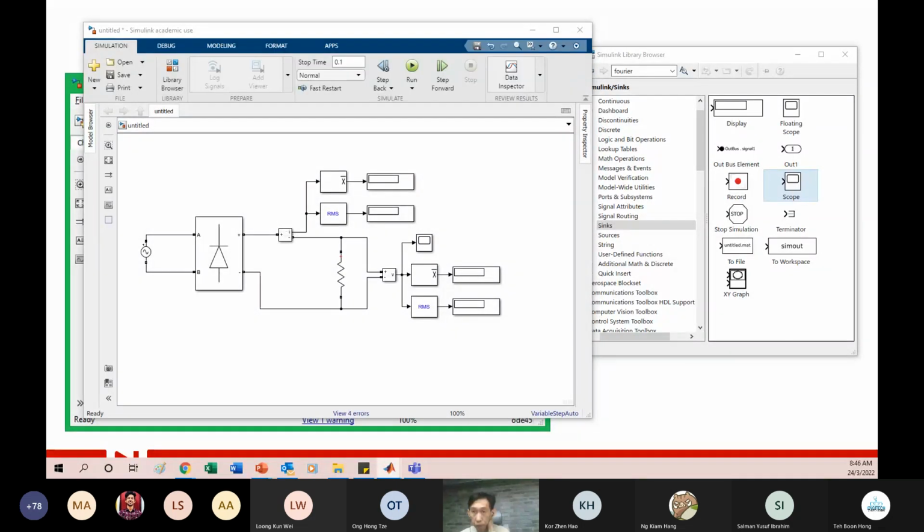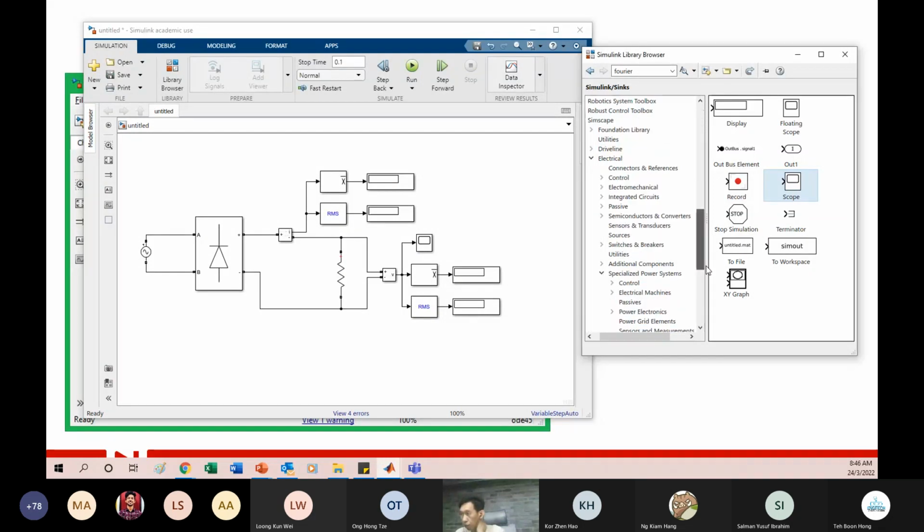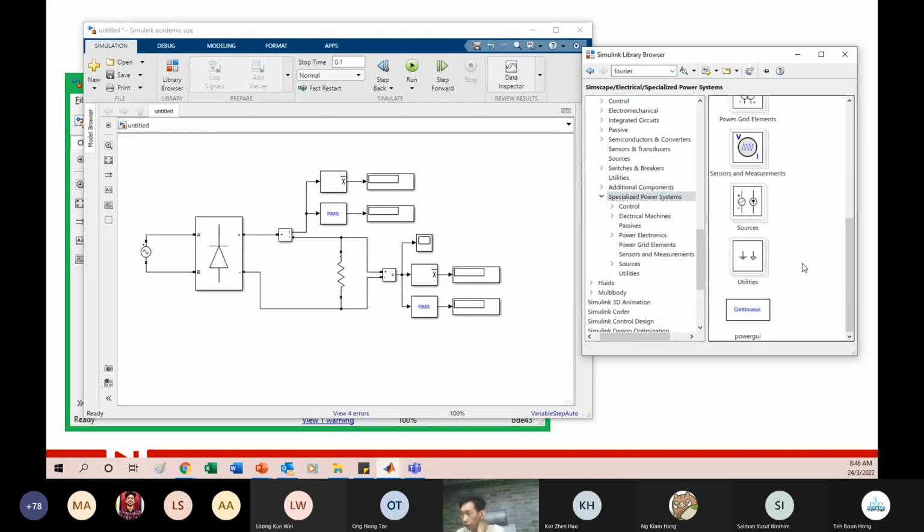What happened? Oh, forgot to put the power GUI. So when you use a specialized power system, you have to put the power GUI, otherwise it won't run.